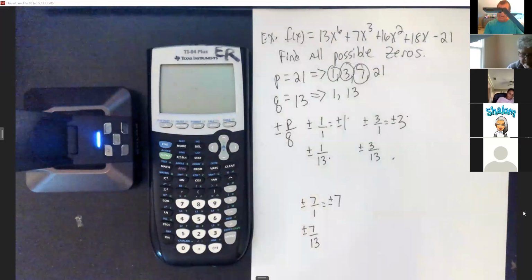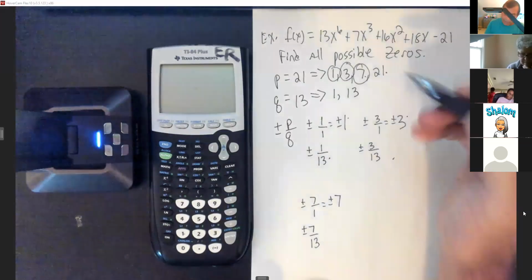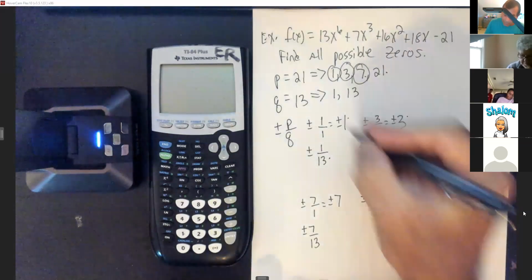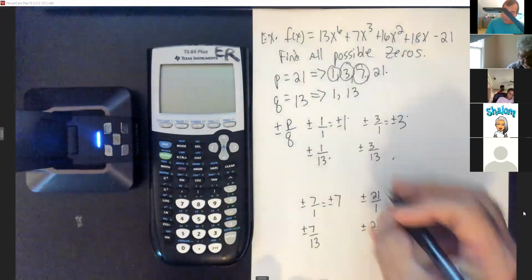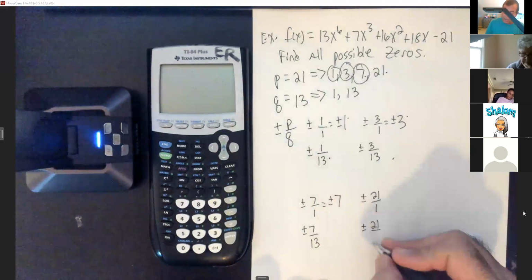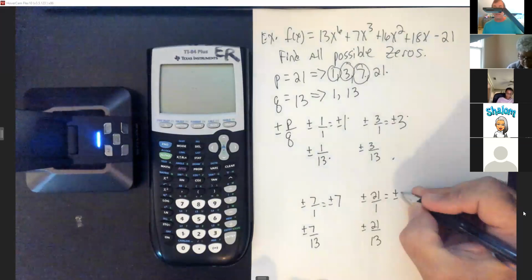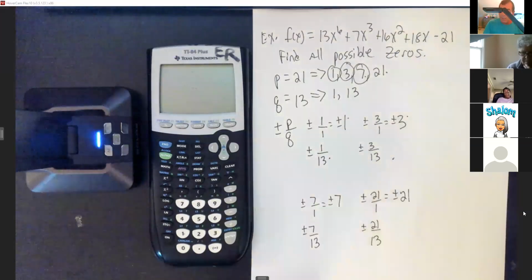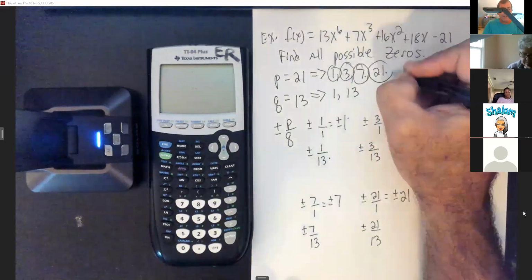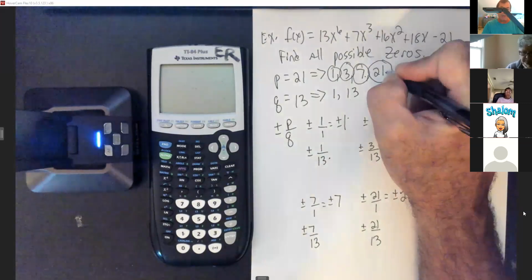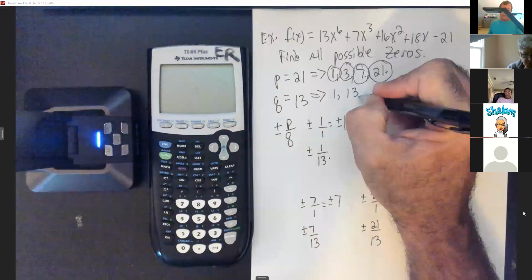I'm left with my last number, which is the 21. Divide it by the 1, and then divide 21 by the 13. Once again, 21 over 1 reduces to a 21. So I've taken all 4 of these factors from the last number and divided every single one of them by the 2 factors of the first number.